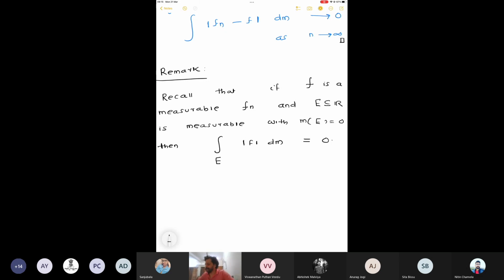But now, suppose measure of E is not 0, but very small. Then what is the natural expectation? If measure of E is 0, integral of mod f dm is 0. That I have proved at least for non-negative functions. Now, if measure of E is not 0 but small, what do you expect for the integral value?